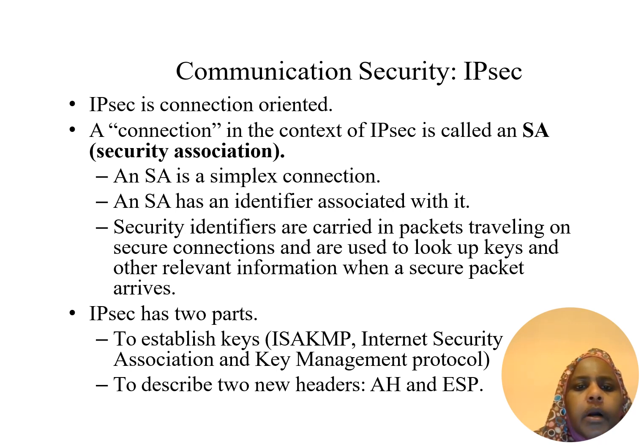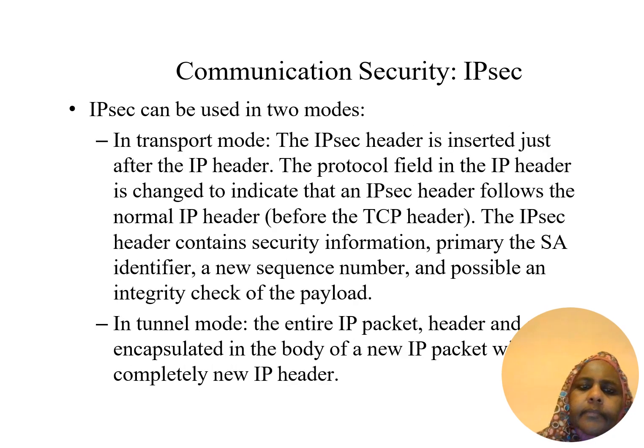IPsec has two parts: one to establish keys, the Internet Security Association and Key Management Protocol, and one to describe two new headers, the authentication header and the encapsulation header. IPsec has two modes, transport mode and tunnel mode. In transport mode, the IPsec header is inserted just after the IP header, before the TCP header.